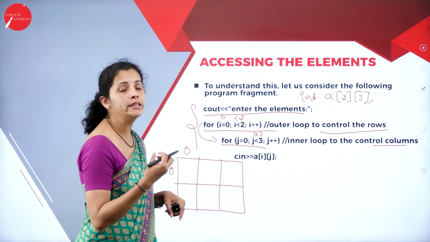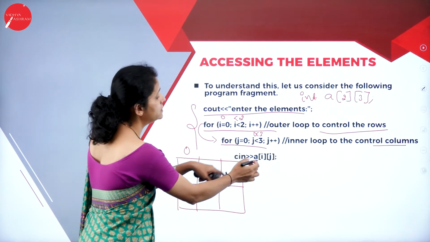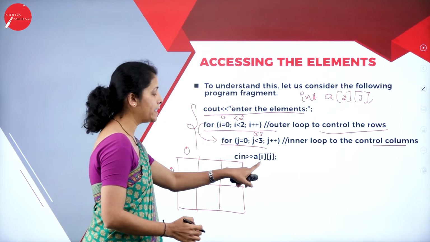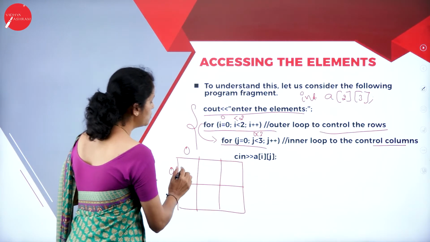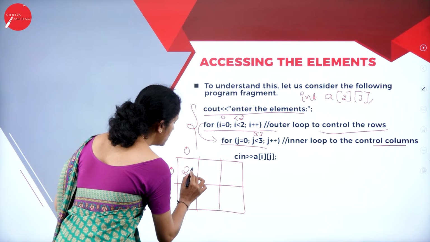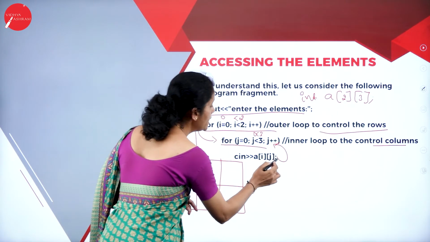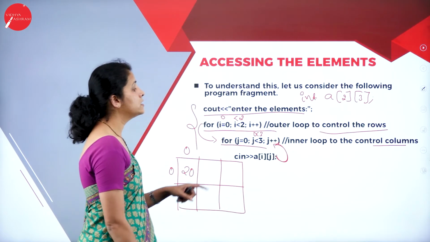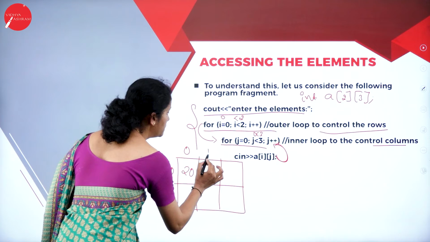So what I want to do is read the element, and where I want to place it, that is the index 0. I is 0 and J is 0. Here I am going to place the value 20. Now J is incremented by 1. Now J is 1, that is the first column.